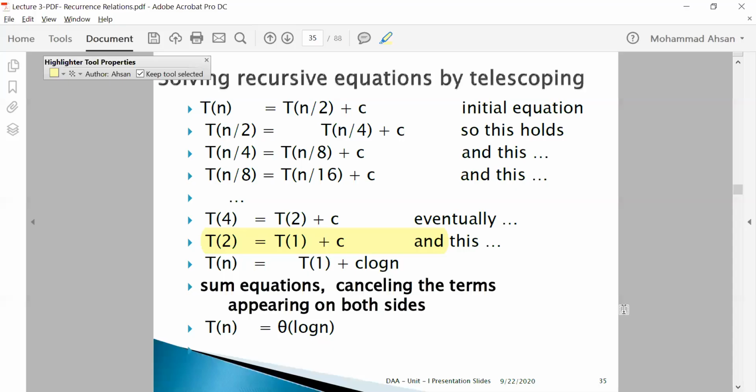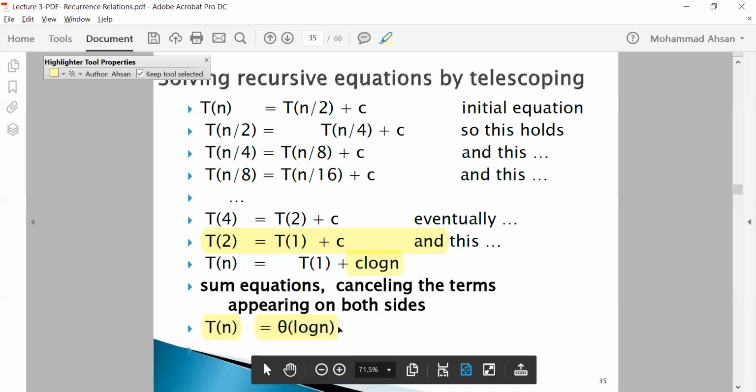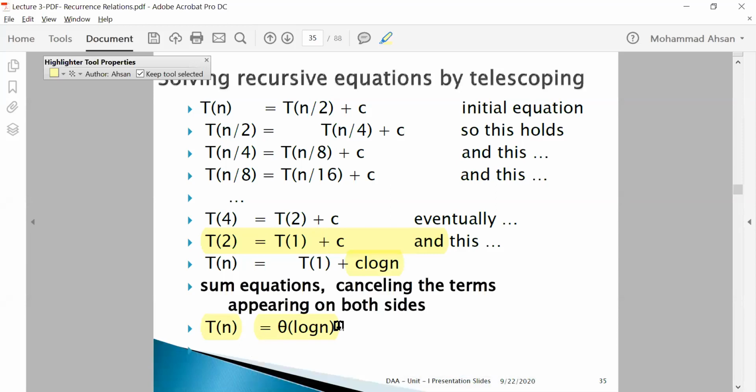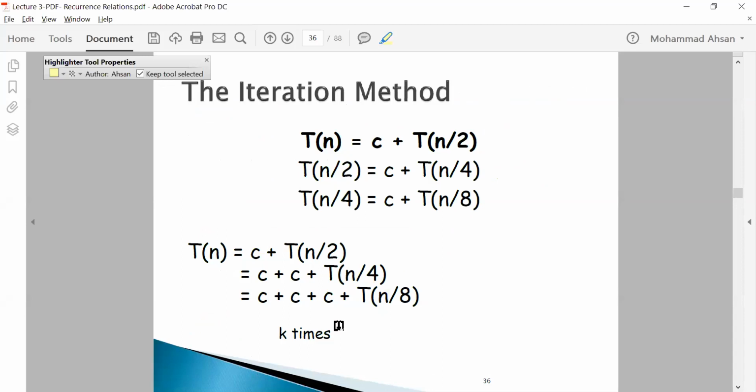So it is actually C into log n. T1, let's say T1 is 1, so it will not matter. And you see that we say that Tn is O of log n. So this is what we are actually doing.